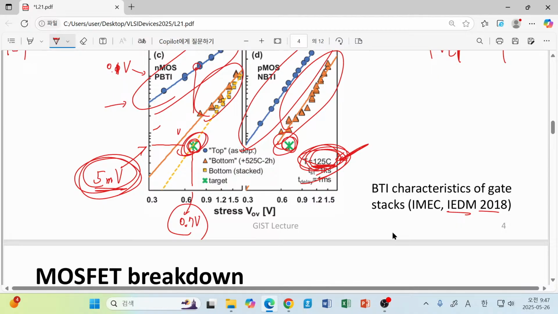Then, since our normal operation condition is not 125 Celsius, let's try to fit it to the normal bias condition. Then maybe it corresponds to 10 years of warranty. That is the way we handle this reliability concern.